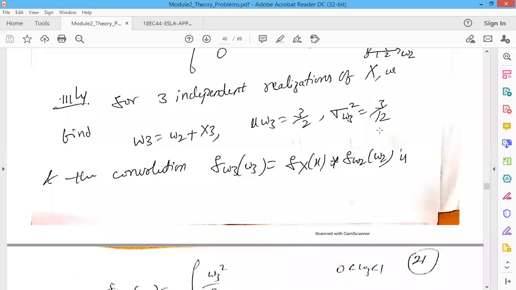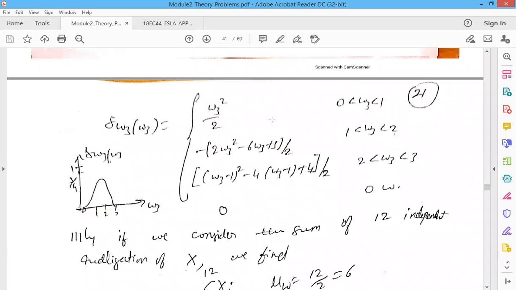The corresponding convolution results in the equations w3 square by 2 minus 2w3 square minus 6w3 plus 3 by 2, and w3 minus 1 whole square minus 4 into w3 minus 1 plus 4, all divided by 2, and it takes the value 0 for other values of w3 than those given here.